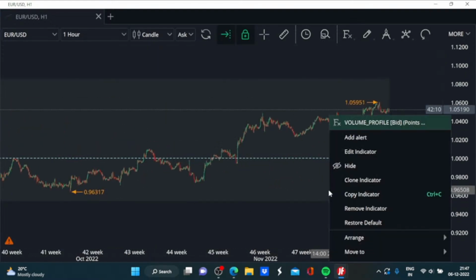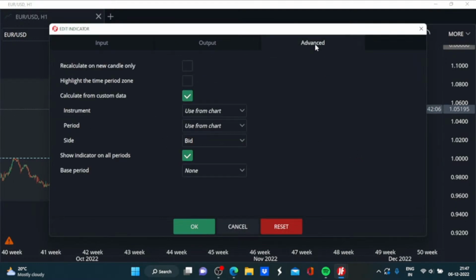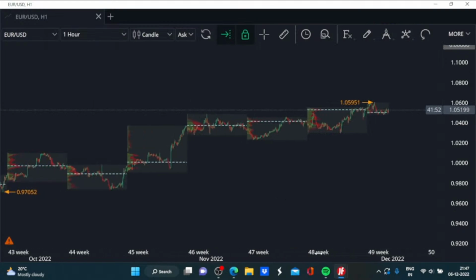Okay, so there is one parameter which is going to have a significant impact. You have to determine what should be the base period, and depending on that, you will have this indicator guiding you through your course of trading.